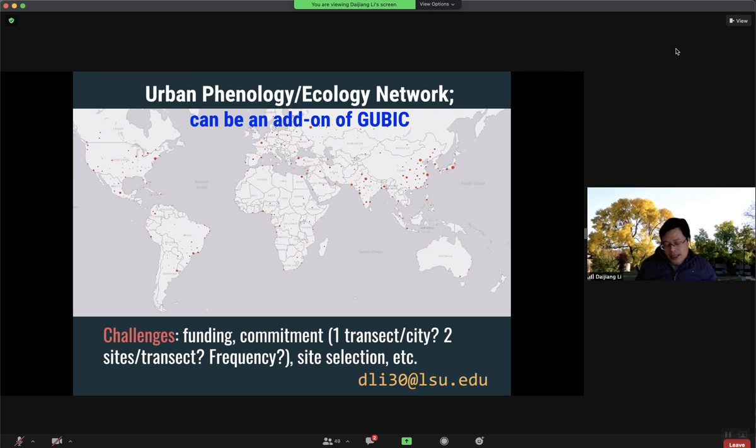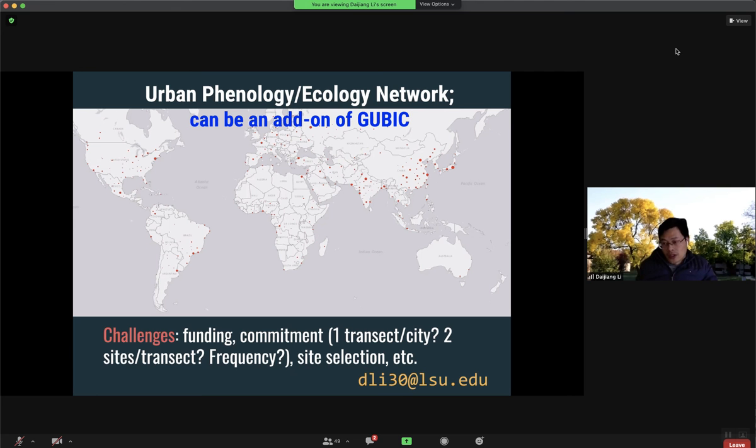I don't expect that this will be a huge amount of money. But that also comes with the question of commitment. I think 3 transects per city may be just too many, so maybe we can talk about 1 transect per city. And potentially we can even just look at 2 sites per transect, just the urban area and the rural area, to reduce effort, and compare with GUBIC's sampling, so that potentially we don't need very frequent sampling.